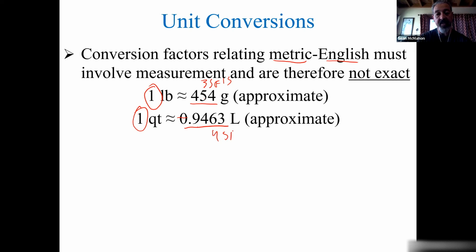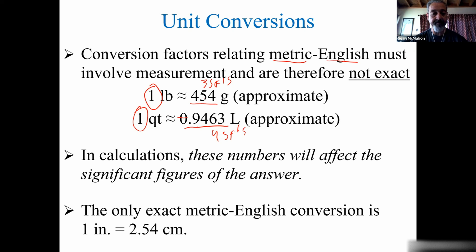This would be 4 sig figs. If that causes you difficulty, go back to lecture 1 of chapter 2, where we talked about sig figs. There's only one exact metric to English conversion, and that's the 1 inch to 2.5 centimeters. So I told you to know that one.